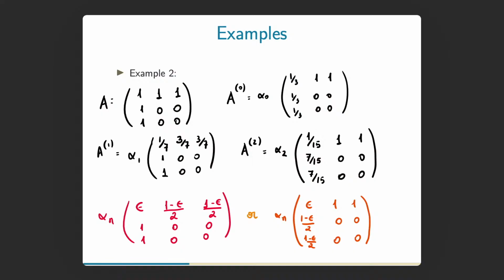The algorithm is not wrong because this matrix here can never be scaled to anything close to doubly stochastic. Why is that? If this matrix is close to doubly stochastic, with row sums and column sums 1, this is going to be close to 1, this is going to be close to 1, which means that this row has to have norm close to 2.